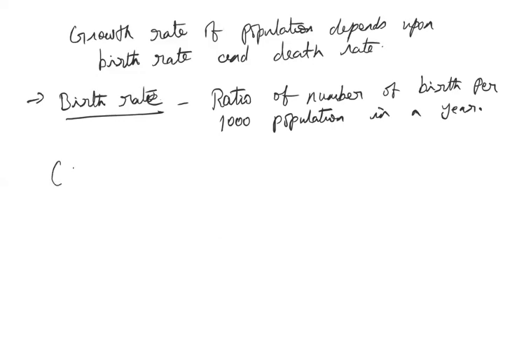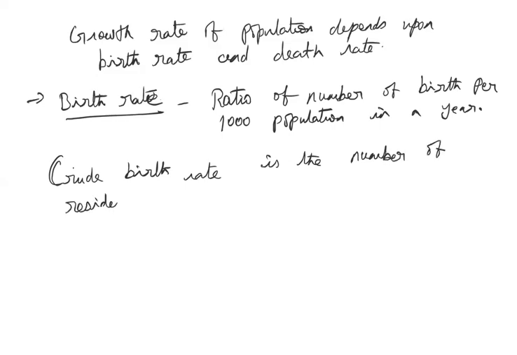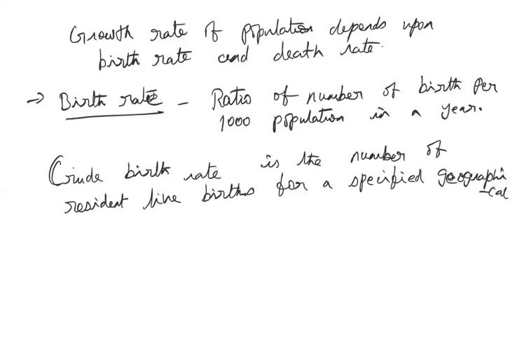Normally we say crude birth rate and crude death rate. So crude birth rate is the number of resident live births for a specified locality, state or country or region, so a specified geographical area.